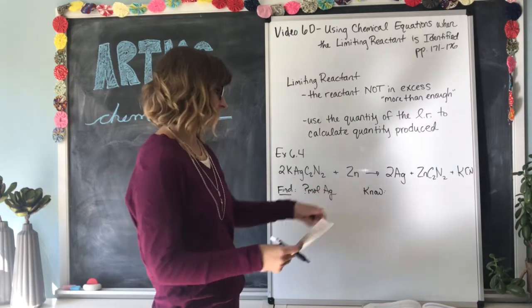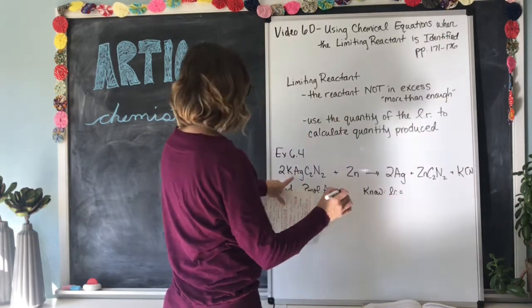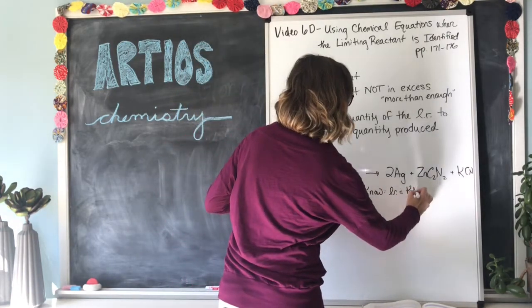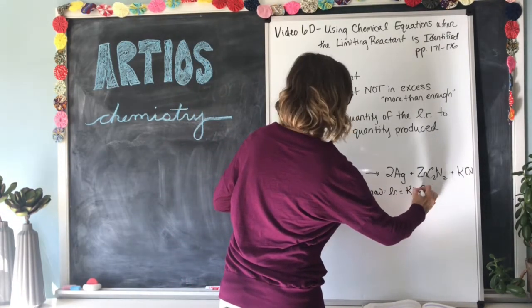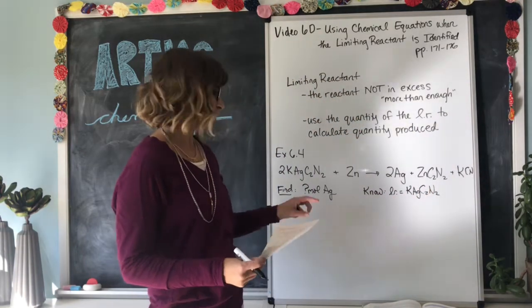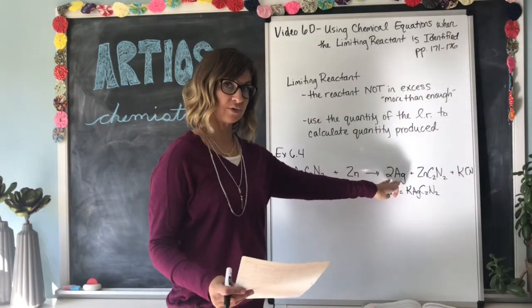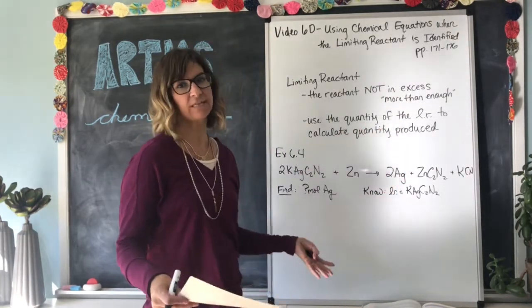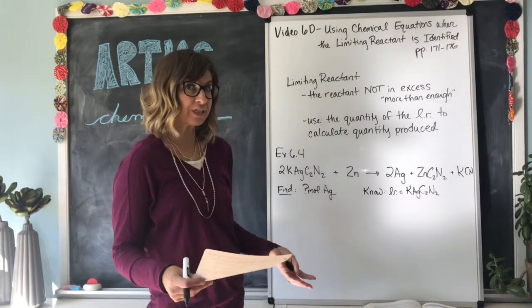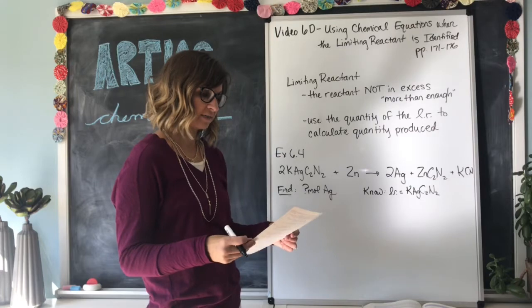So the limiting reactant, LR, equals the KAgC2N2. So that's the quantity that we're going to use in order to determine how much silver can be produced. This is very similar to the problems that you guys have already done. It's just worded a little differently so that you can identify the limiting reactant.